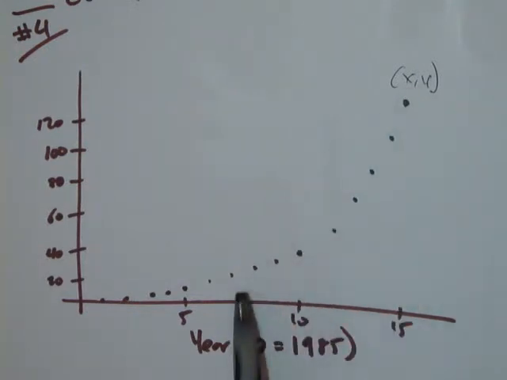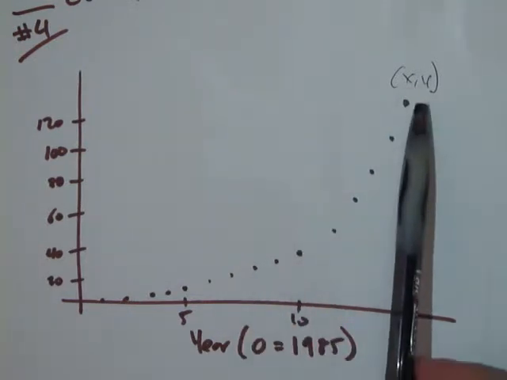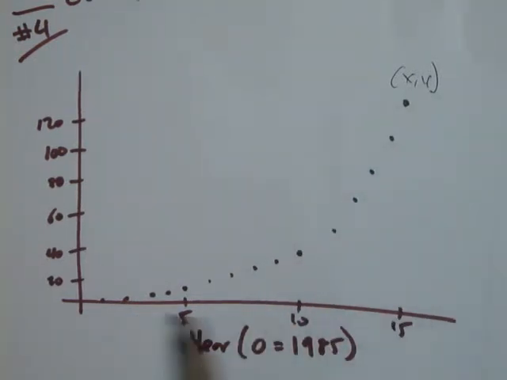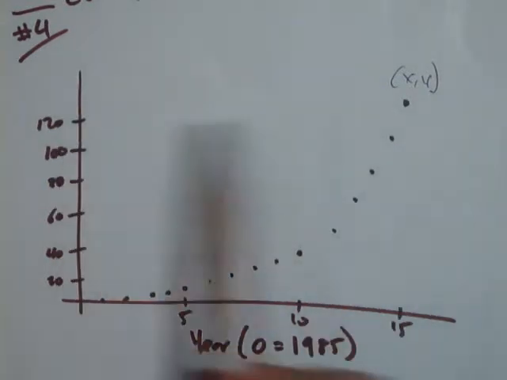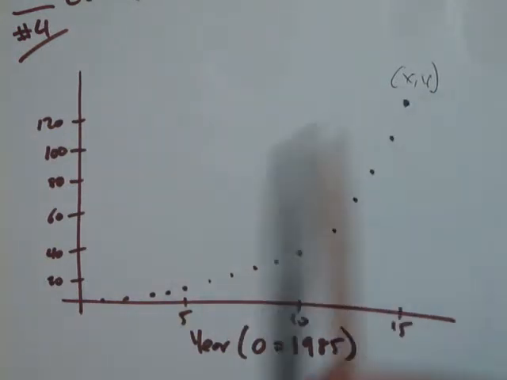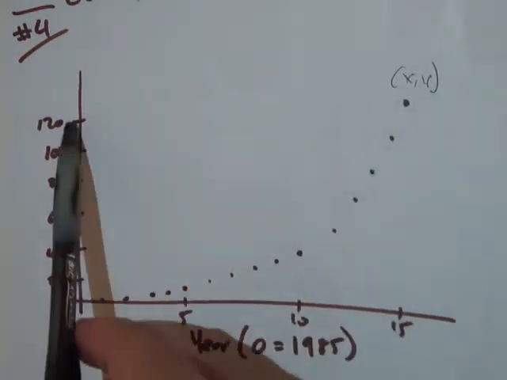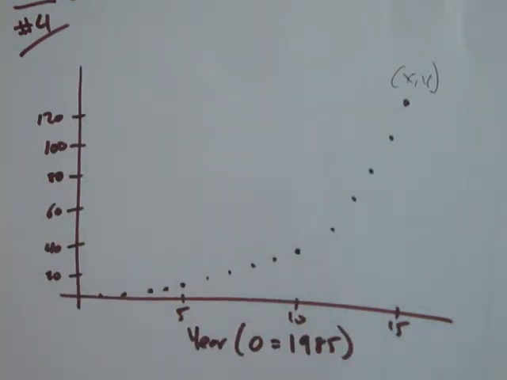So this point would be the point 15, 109 something, because 15 is the X value. 15 is how many years since 85. And then the Y value would be 109 point something. That's how many users it is. So that's what the X and the Y mean: the X would be the number of years and the Y would be the number of users.